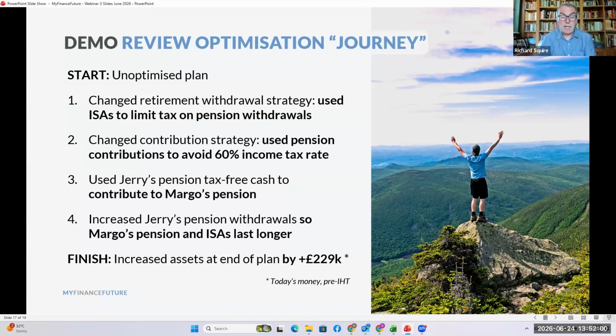Well, similar strategies, I would say. The good thing about being able to use pension contributions is you can get yourself out of higher rate bands.